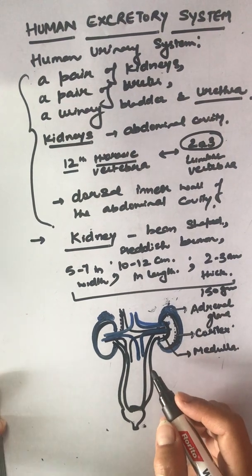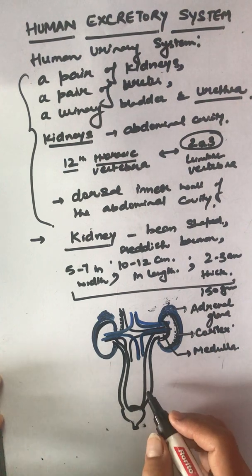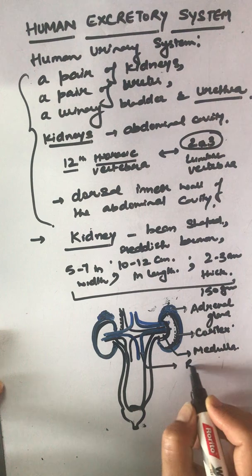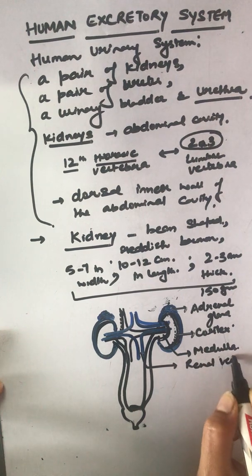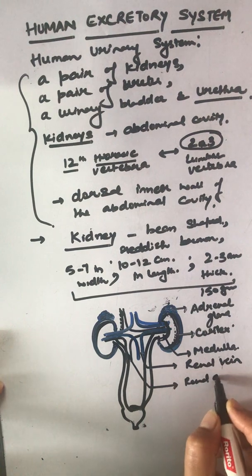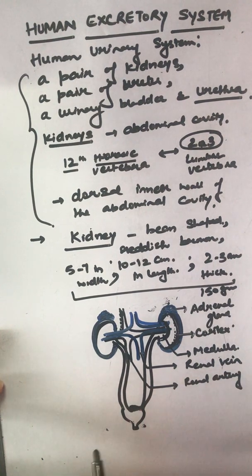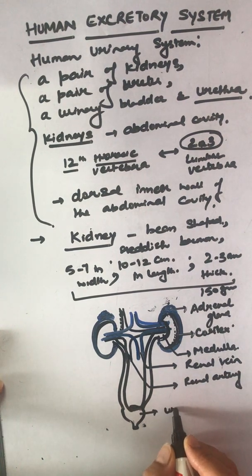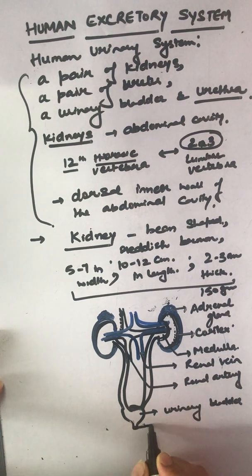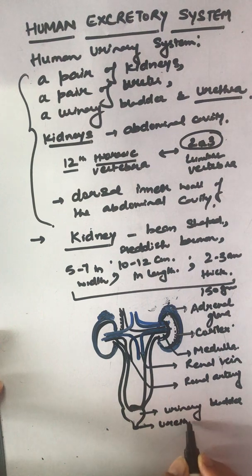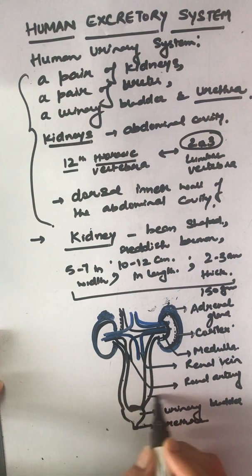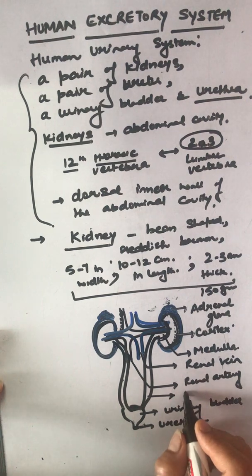Then the vena cava is entering into it, with the renal artery and renal vein. Urinary bladder, urethra, and these long tubules are the ureters.